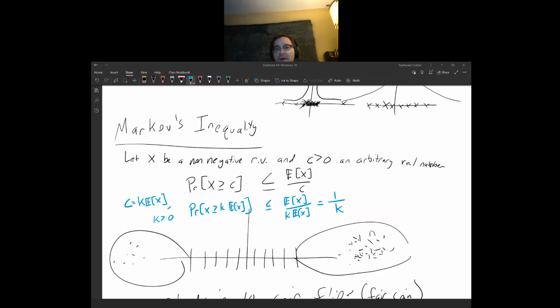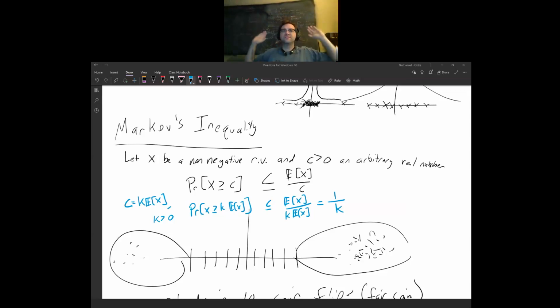Get that on my cam. All right. Take a look at it. Maybe this will make things click for why the Markov inequality is saying something. Let's make k equal to 2.